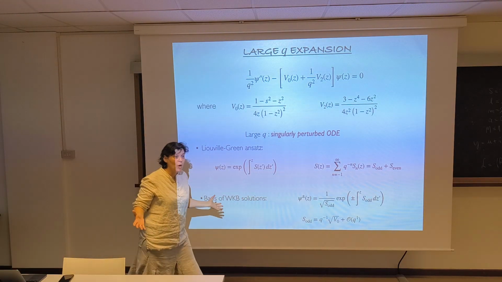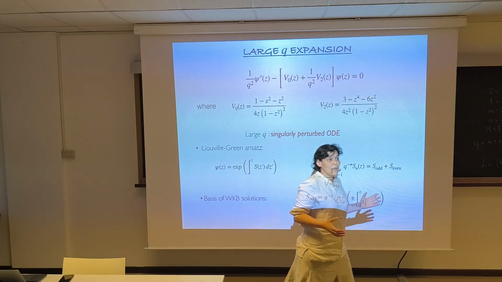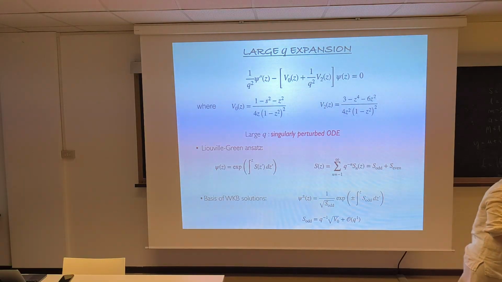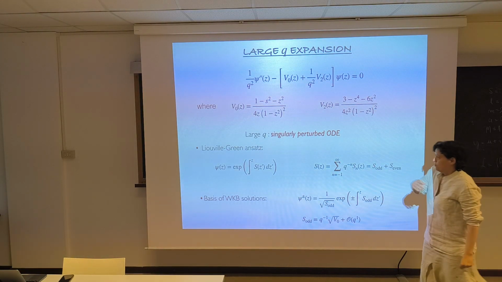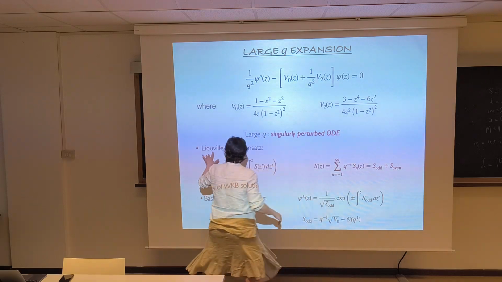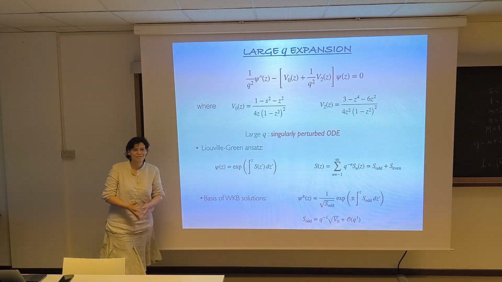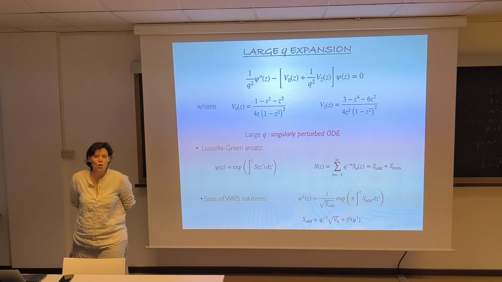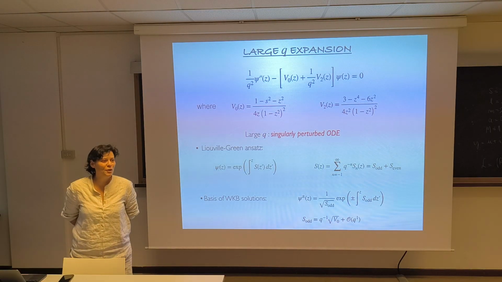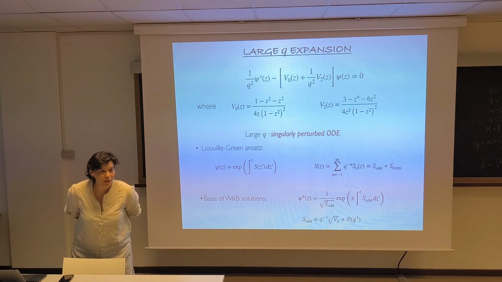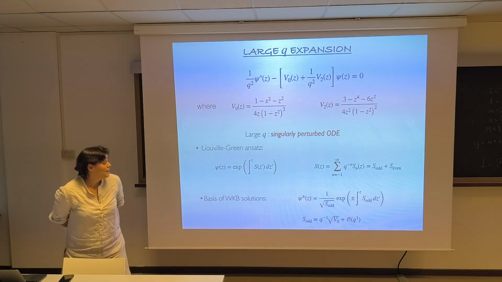That means that I need to use a WKB ansatz; the Frobenius method or any of this type of solution will not work. It's actually originally called the Liouville-Green ansatz, from way before WKB. WKB were the people who actually applied it to the Schrödinger equation.